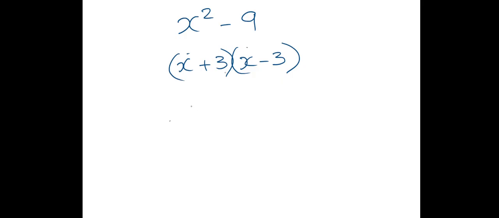Let's expand it again. So x times x is x squared. 3 times x is 3x. X times negative 3 is negative 3x. And 3 times negative 3 is minus 9.